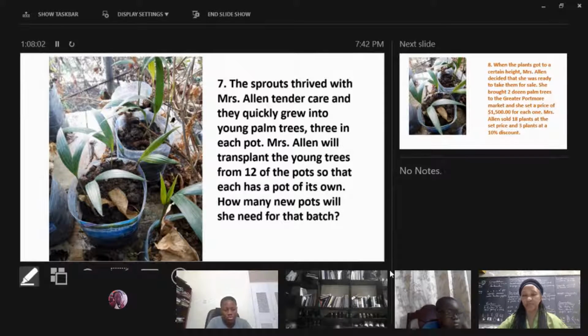So they are going to germinate and sprout. And then when they get to a certain height, like a few inches, you have to transplant them to a bigger container so each of them can have space. So the question says, how many new pots will Mrs. Allen have to get for this batch?